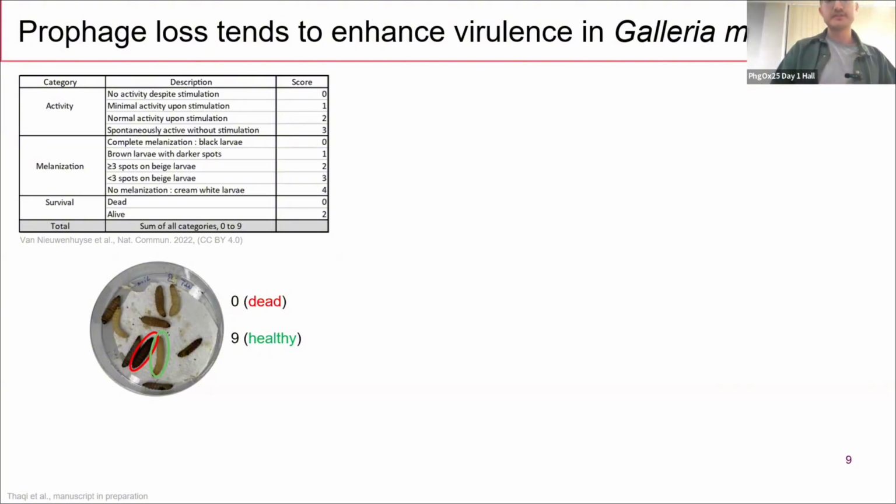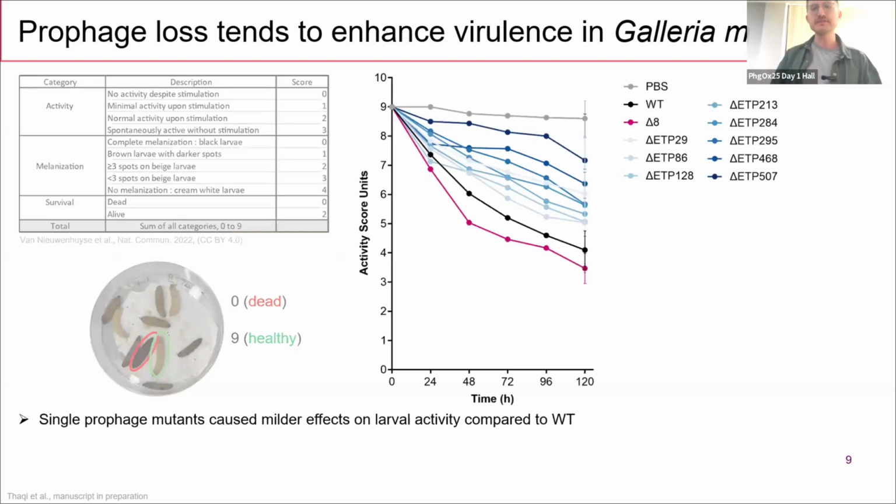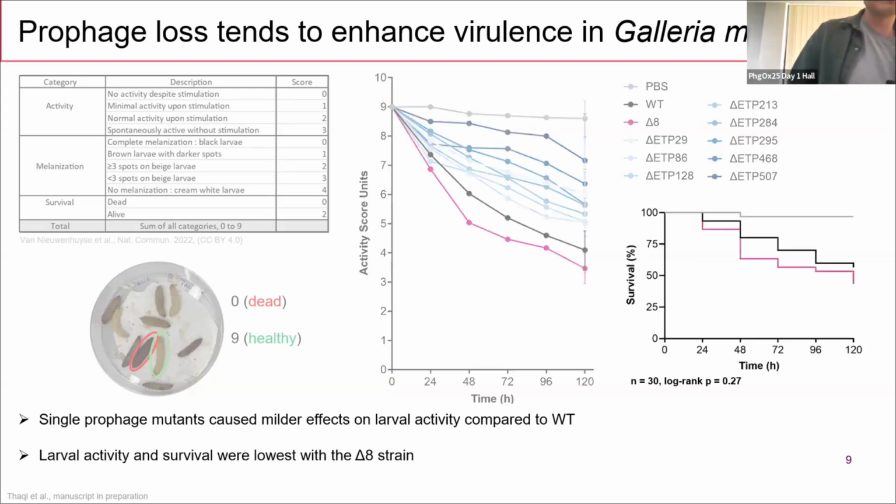And there we found the trend that the infection with single prophage deletion mutants led to an increased larval activity compared to the wild type, while for the delta 8 strain, the larval activity, but also survival, when we did Kaplan-Meier survival curves, were lowest when infected with the completely prophage-free strain.